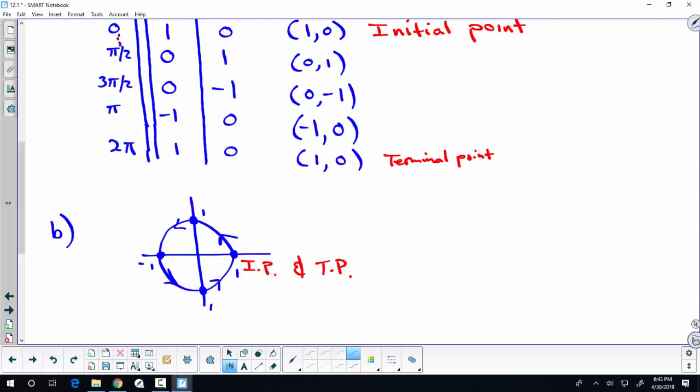Why then did we go 3 pi over 2 and then pi? Pi over 2?